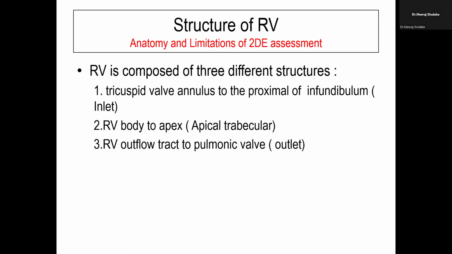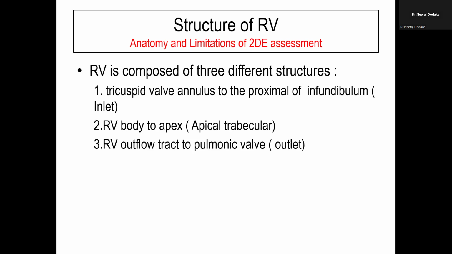Now, another very important thing is that the heart is not straightforward as far as the RV is concerned. The RV has 3 components. One is the tricuspid valve annulus, proximal to the infundibulum, what we call the inlet. Then we have the apex or apical trabeculation of the RV, and then the outflow.